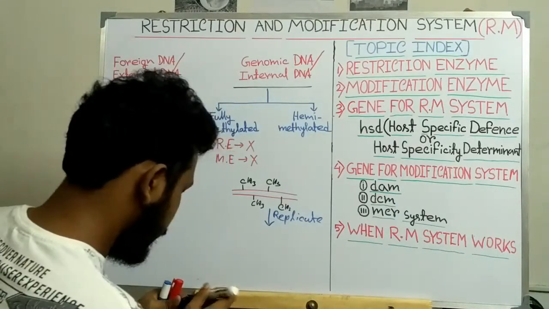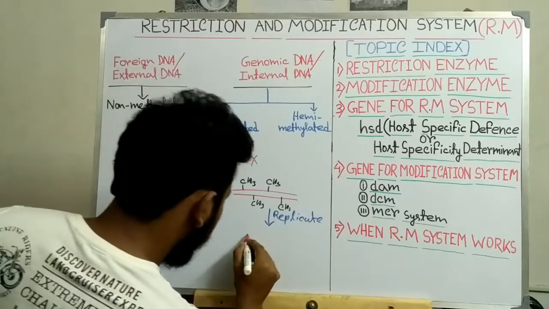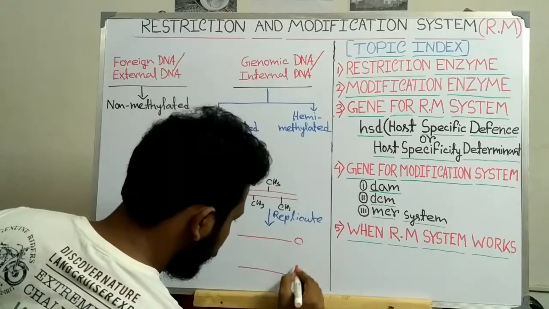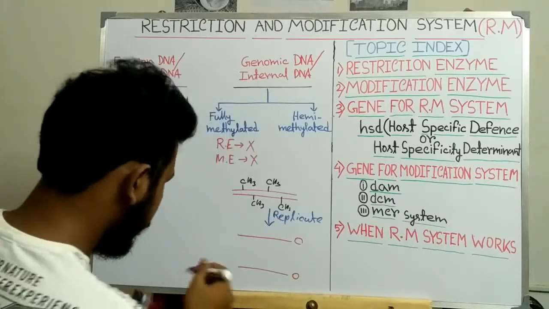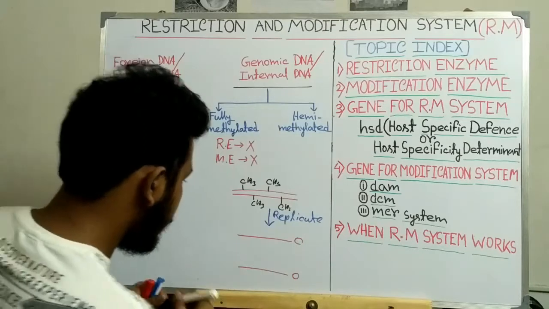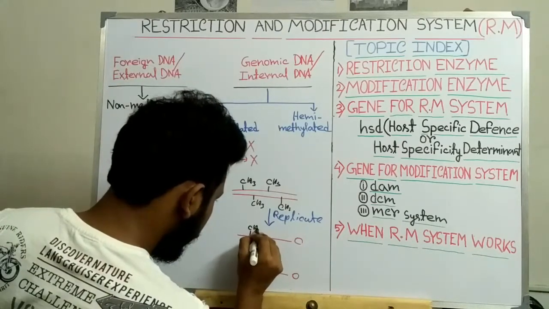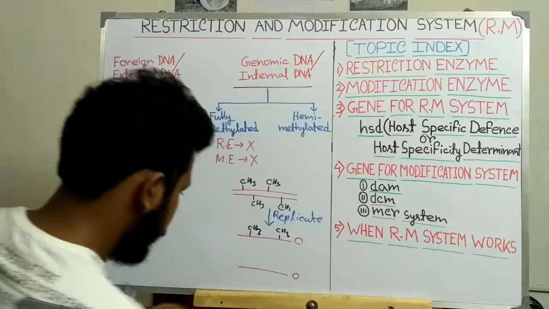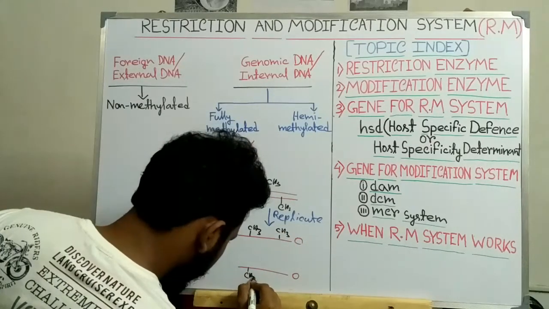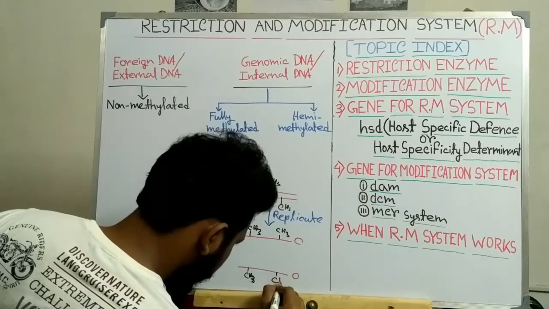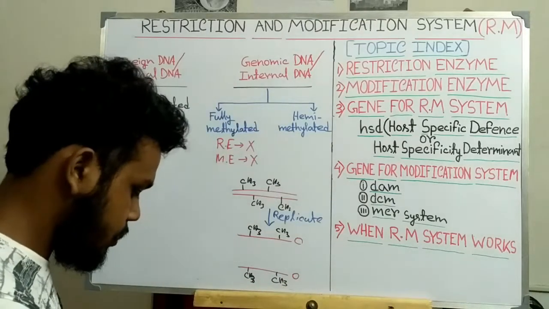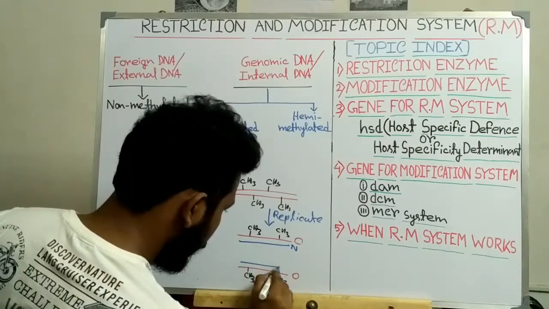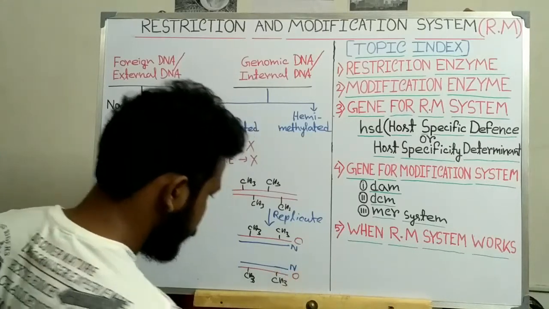Okay, so suppose this is the old strand where the methylation is present, and this is the new strand where no methylation has occurred.